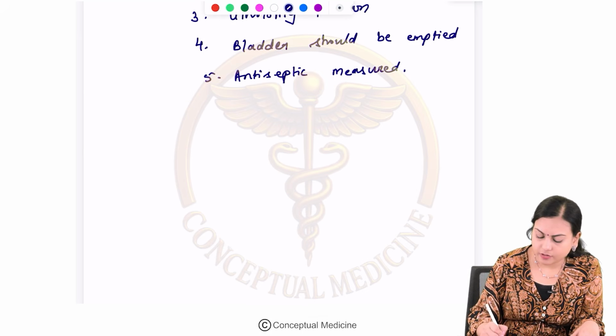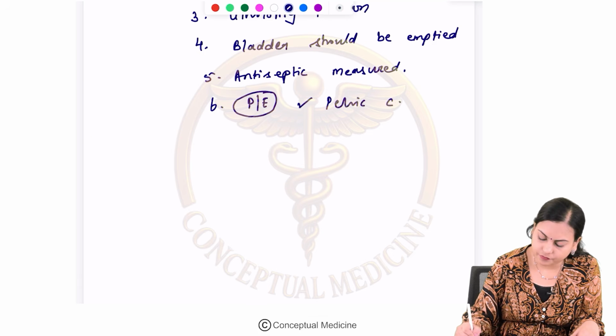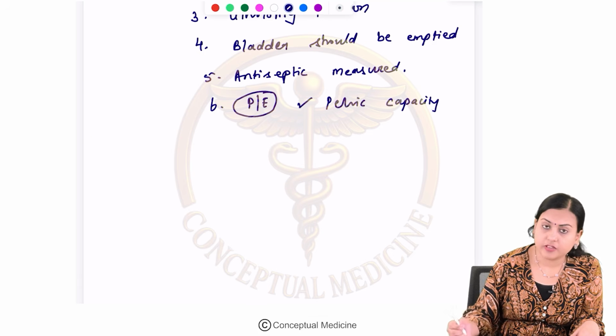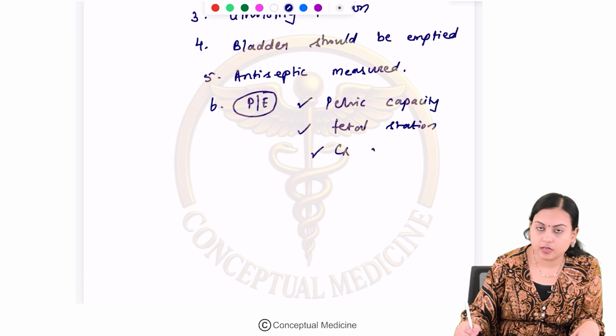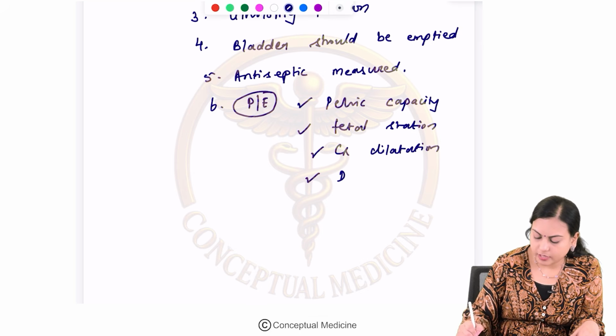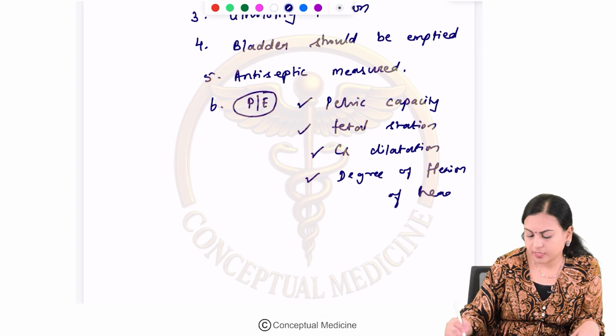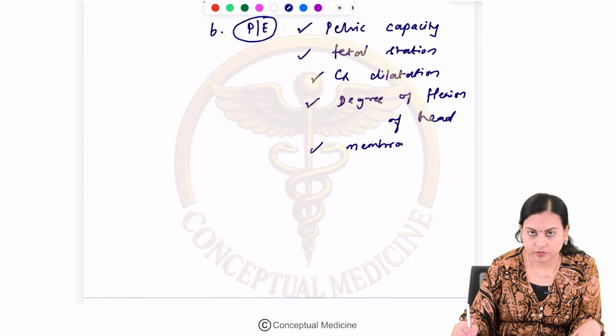And finally, you have to do a pelvic examination as well to assess the pelvic capacity, fetal station, cervix dilatation, degree of flexion of head, as well as we have to assess the membranes as well, whether it is ruptured or not ruptured, right?